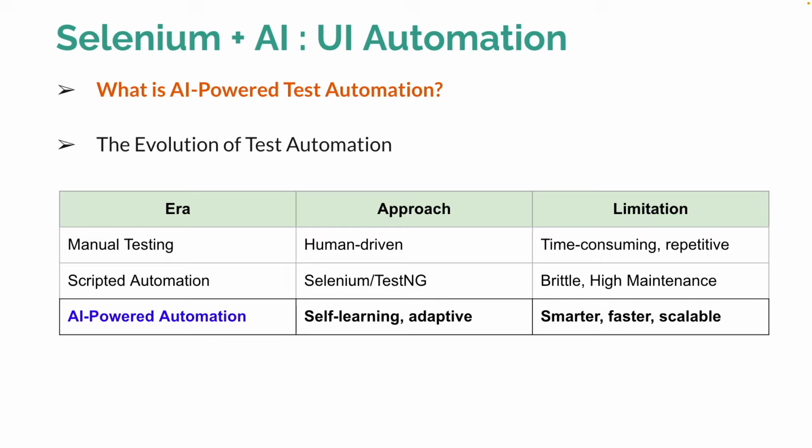This is repetitive. If you send a software update twice a month, you need to execute the same test cases twice a month manually. Some QA engineer will read the manual test case and execute it on your product.